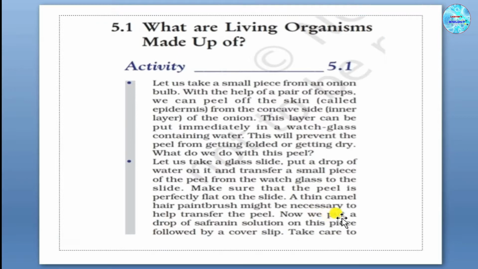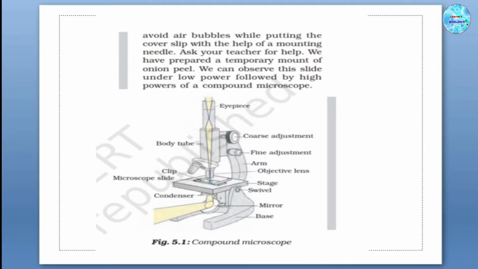We put a drop of safranin solution on the piece followed by a cover slip. Safranin solution is a dye which will color the onion peel, and later on we put a cover slip. While putting a cover slip, we should be very careful to avoid air bubbles.